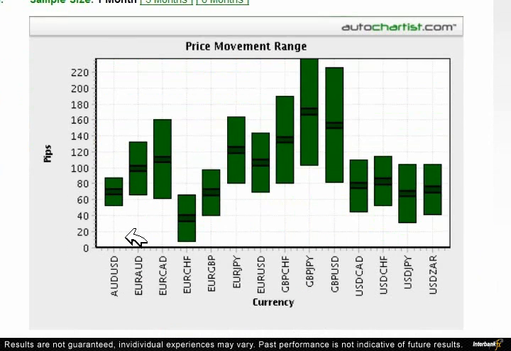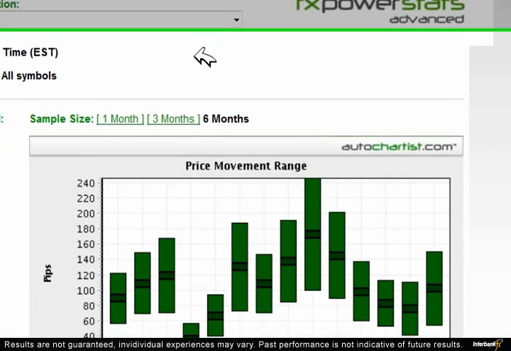Okay, and notice the difference if I take just the last month of price action. It's still a fairly small-bodied bar as far as the Aussie, not that volatile as far as its upper range, but look how much less volatile it's been over the past 1 month than the past 6.